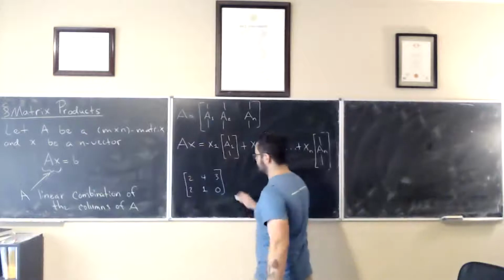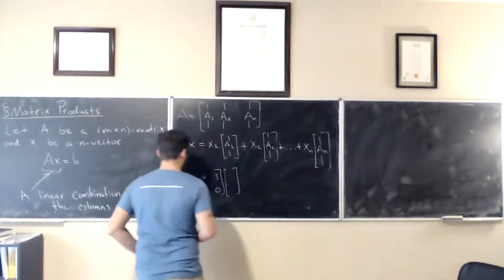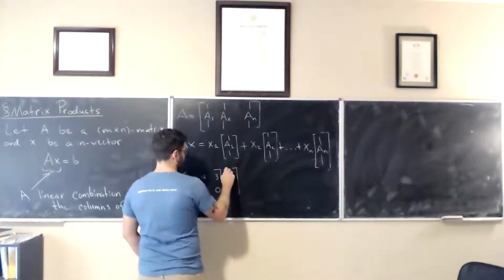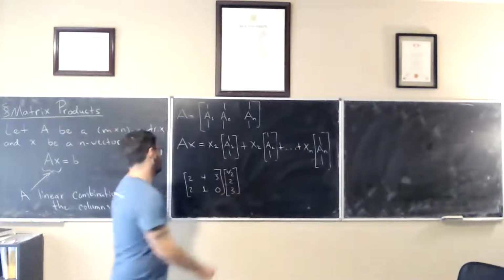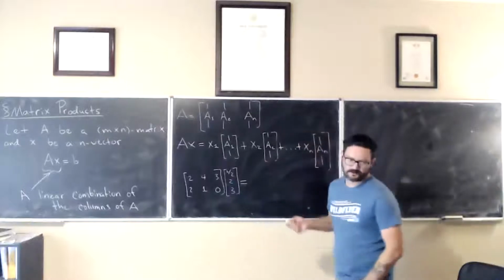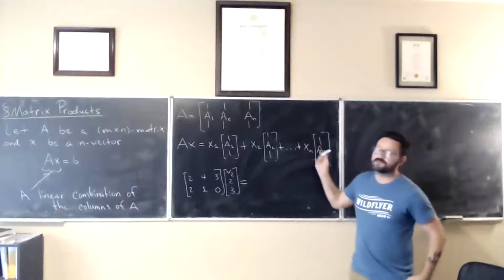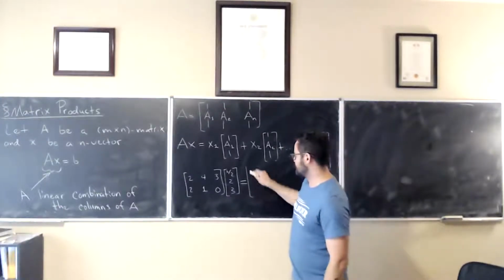Let's take this matrix here and multiply it by, I don't know, maybe a half, 2, and 3, or something like that. So this product, I'm curious if y'all can guess, based off of just this definition, this notation mainly, what this is going to be?